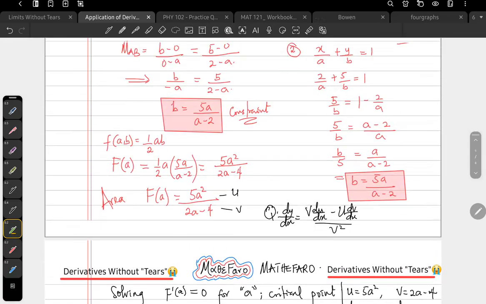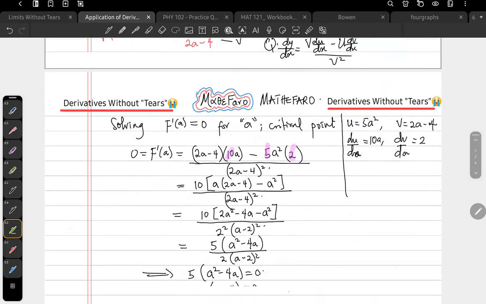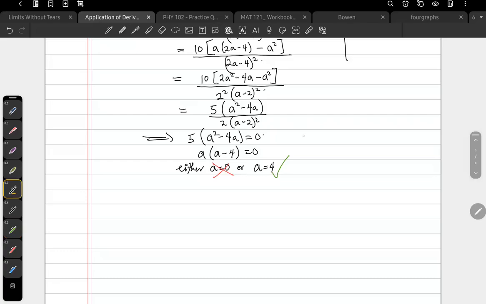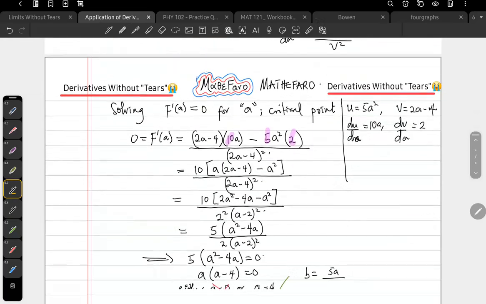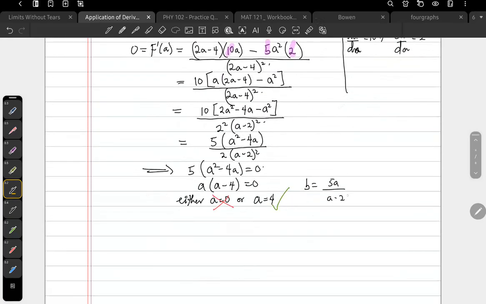From what we have here, b equals 5a over a minus 2. That will be 5 times 4 over 4 minus 2, which is 20 over 2, which is 10.